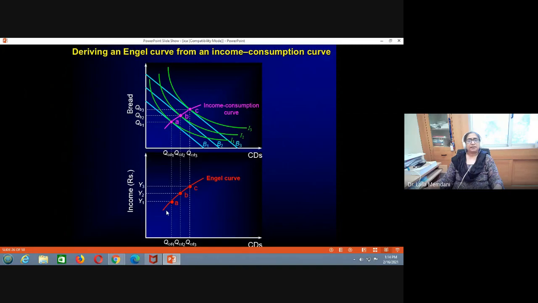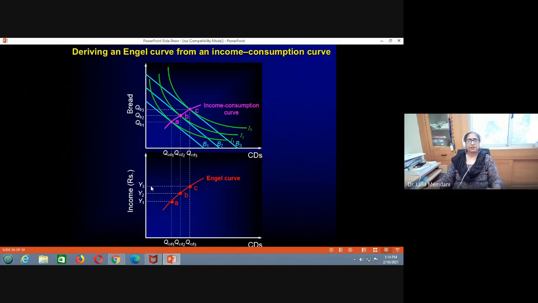I join all the three points and I get the Engel curve. Now, what is the Engel curve? The Engel curve shows the points of consumption as the income level increases or changes.